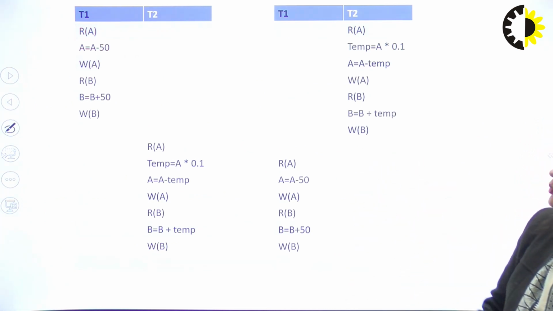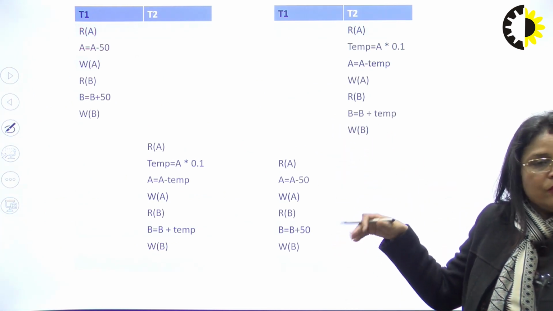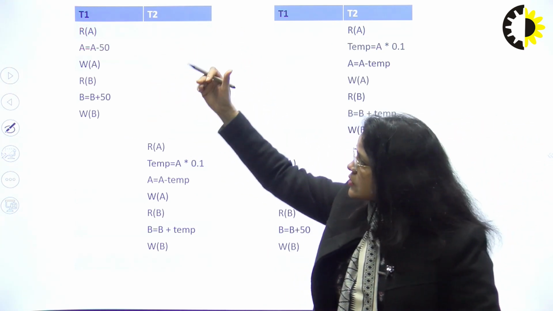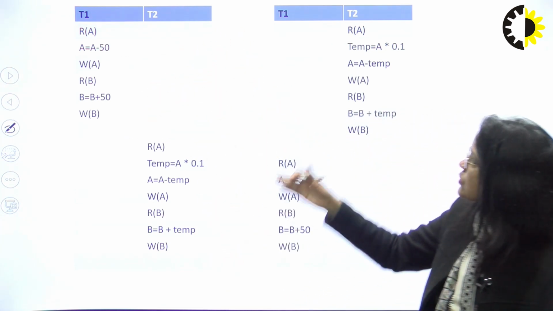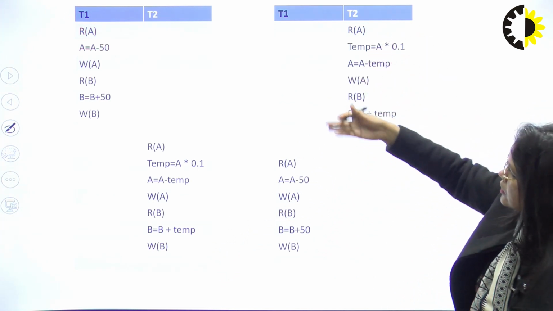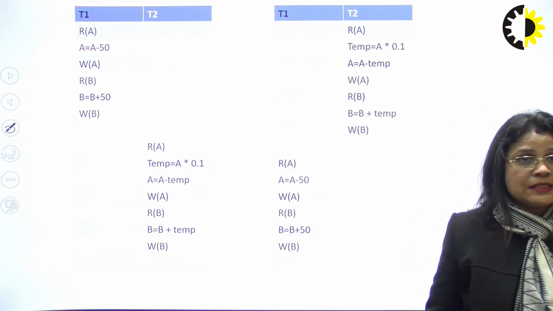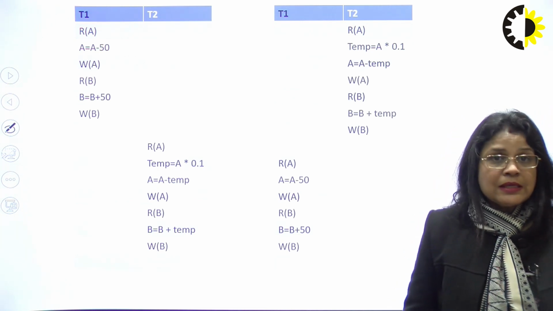We can take this example. This we can get very simply, because in this example T1 is executing all the instructions before T2 executes, and in the other T2 is executing all the instructions before T1 executes. So it is very simple. We can maintain the consistency very simply by serially executing.